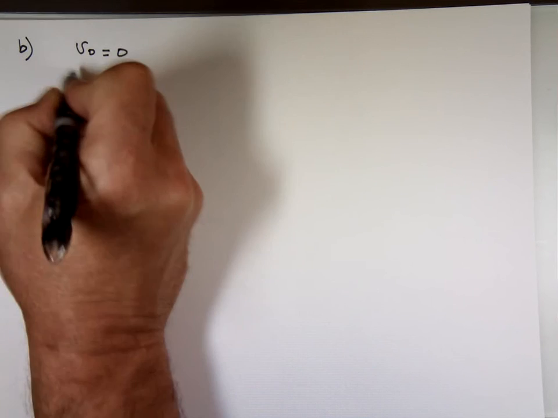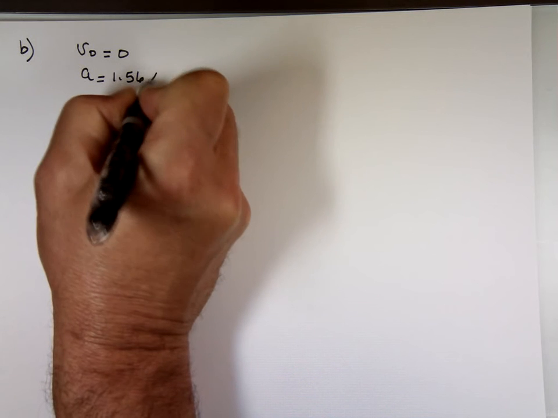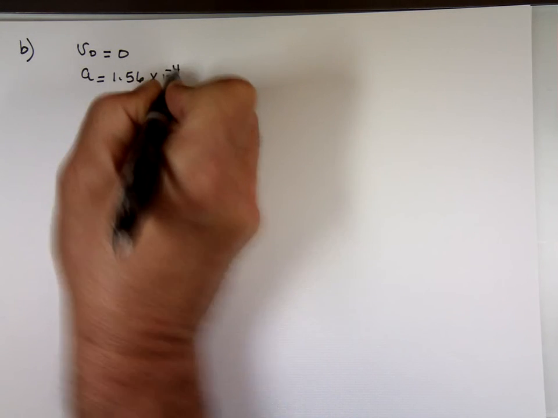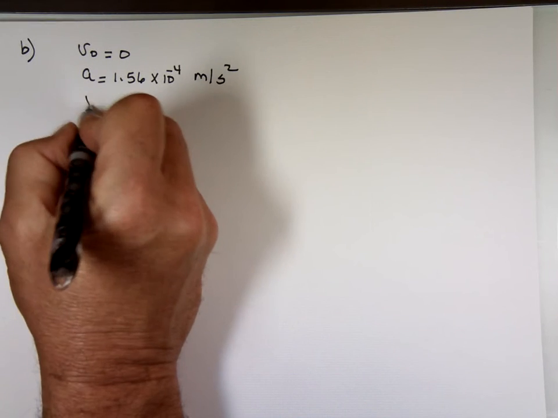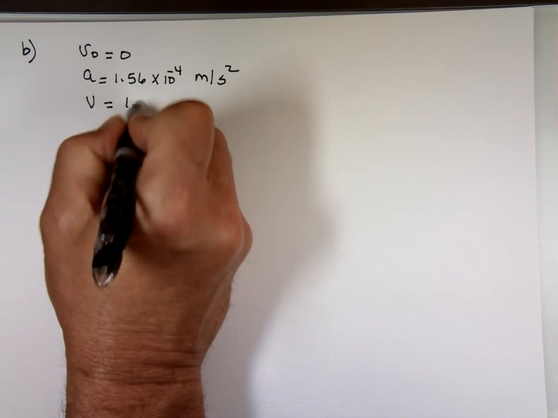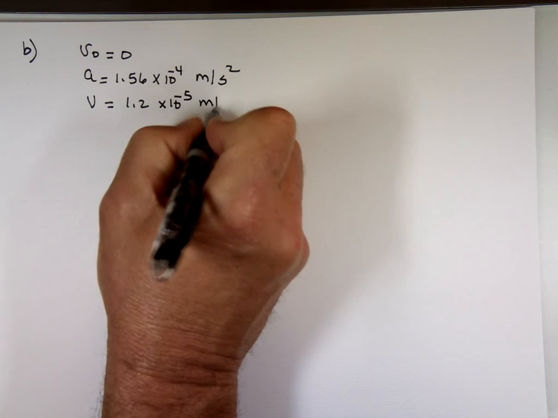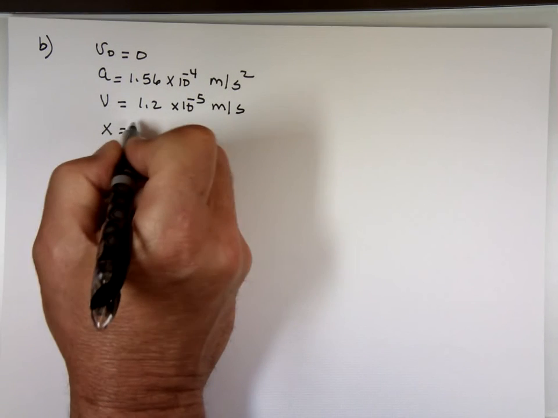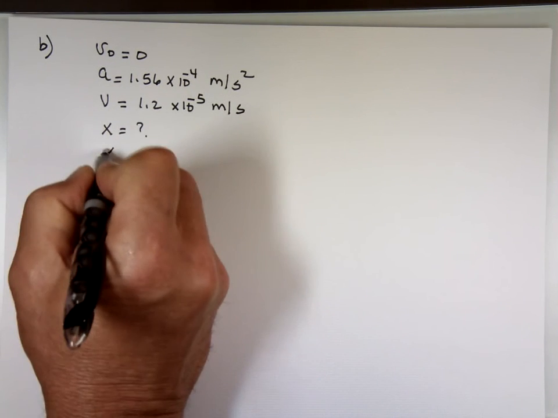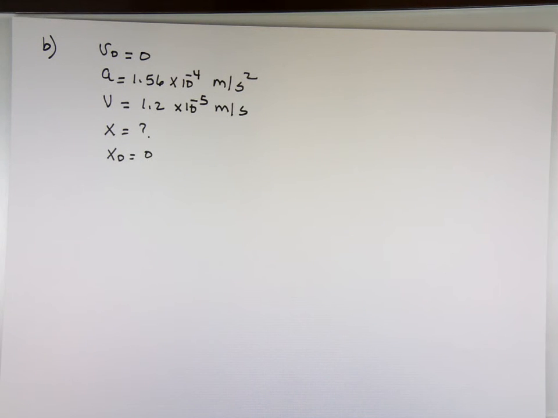We know the acceleration is 1.56 times 10 to the negative 4 meters per second squared. We know the final velocity is 1.2 times 10 to the negative 5 meters per second. And we're looking for x, assuming x of 0 is 0, or really delta x.